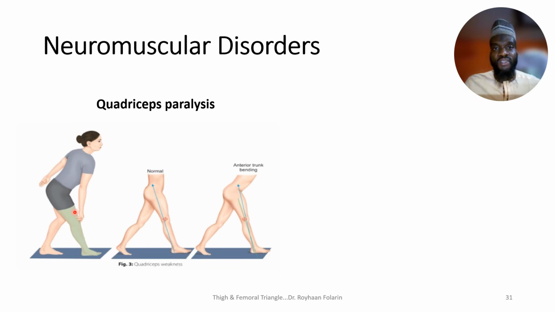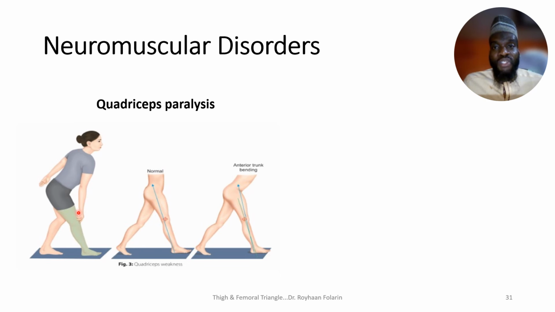Now you appreciate the role of the femoral nerve and the quadriceps during walking or when you are climbing stairs, like we tried to illustrate during one of the classes. So a patient that has quadriceps paralysis will have difficulty in extending the knee with a severe impairment in walking, and this would imply that the person would have anterior trunk bending, because it significantly impacts the mobility, and it requires assistive devices and even assistive gaits.